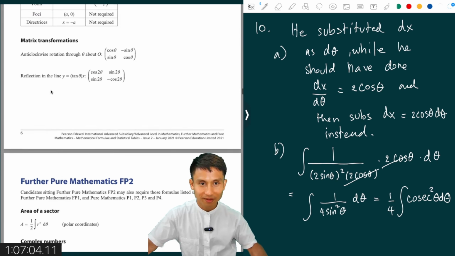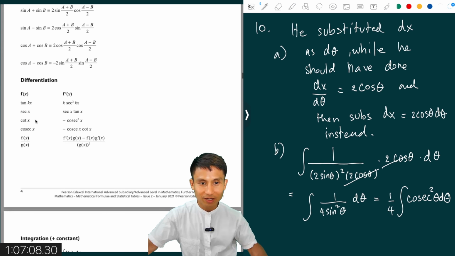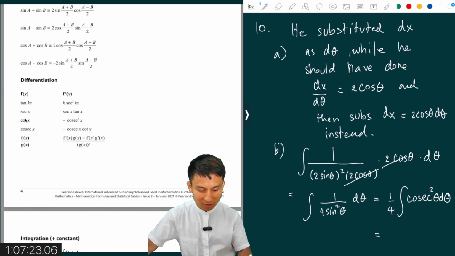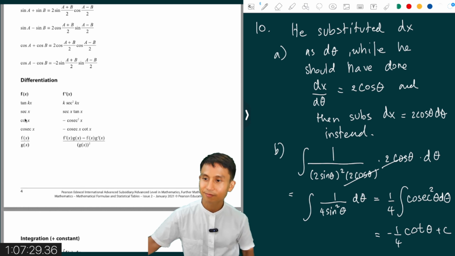Hang on, I went too far. Okay. So, differentiating cot gives you cosec squared. That means if you integrate cosec squared, you can move the minus sign to the other side. If you integrate cosec squared, you're going to get a minus cot. So this is minus 1 over 4 cot theta plus c.